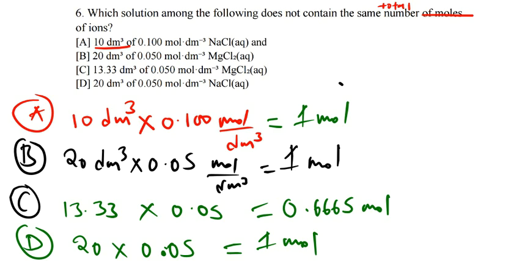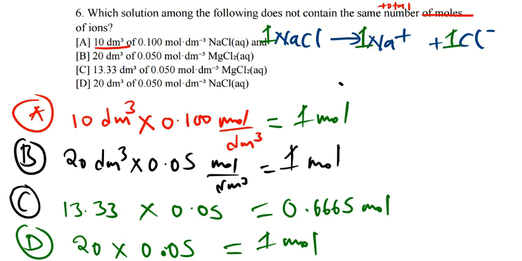Okay, so let's break down. Sodium chloride, if it dissociates into sodium ions and chloride ions, which implies there are 2 ions in the first one. So if you've got a single mole of sodium chloride, it implies when it dissociates, you're going to have an equivalent number of moles of the other ions.